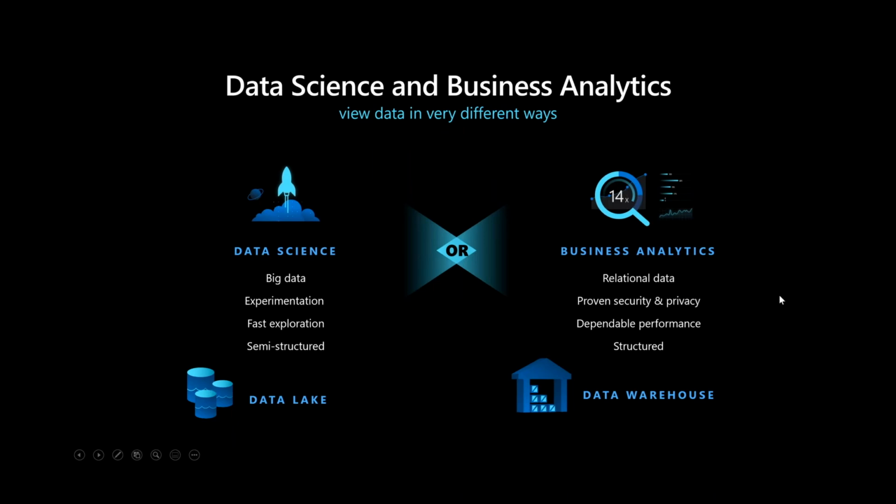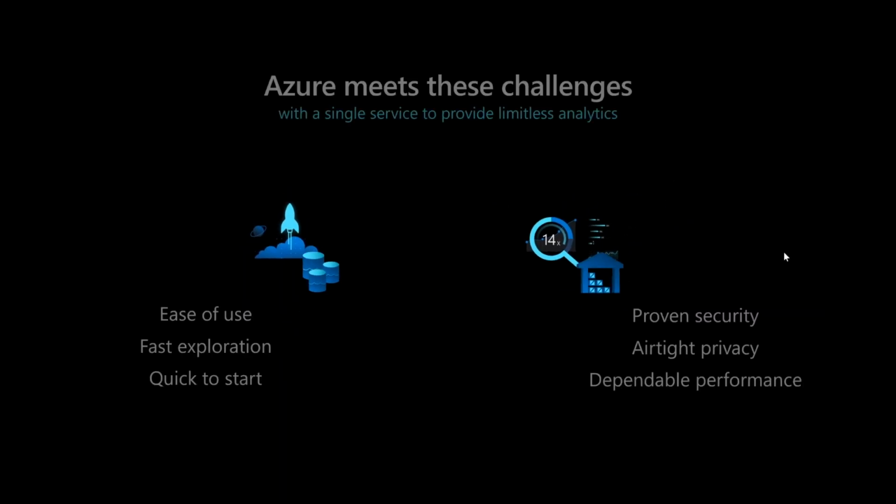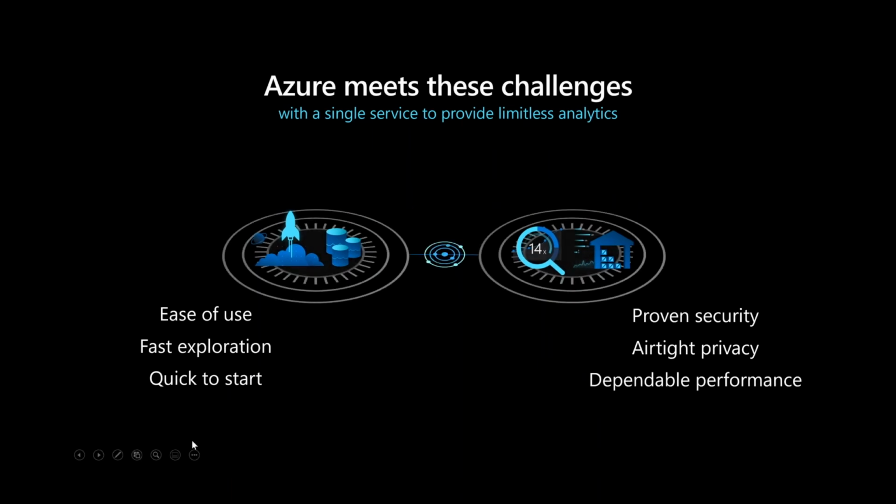And what Azure and Microsoft did was we focused on bringing these two worlds together by trying to combine the best of the two worlds, make it easy to use, make fast exploration capabilities available to us, have the same security and privacy and performance, and be quick to start up.